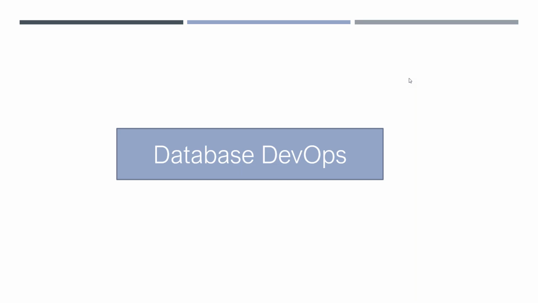So application DevOps is there everywhere, in each and every company, but it's up to the maturity of the company or the client. They may use fully automated, end-to-end DevOps, or they might have only CI in place. Some people use both CI and CD. It depends on the maturity of the organization. But DevOps is there for applications.